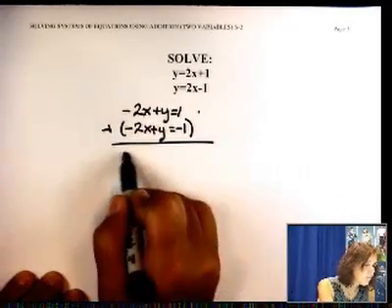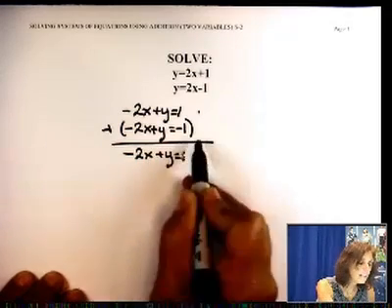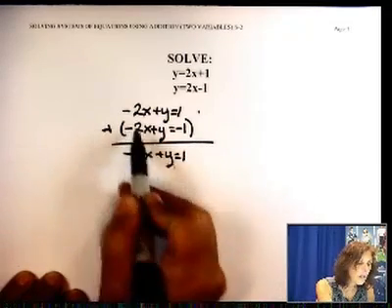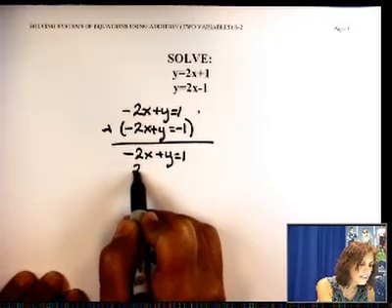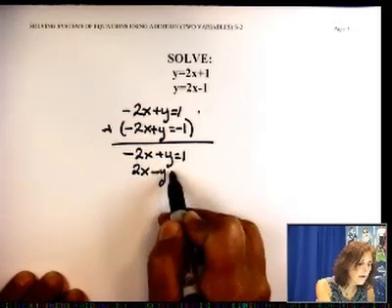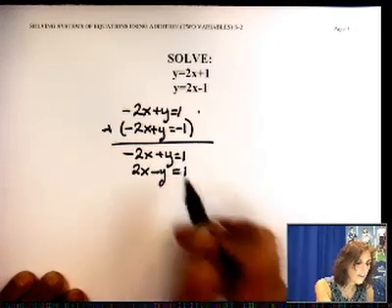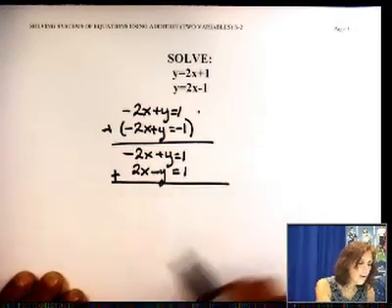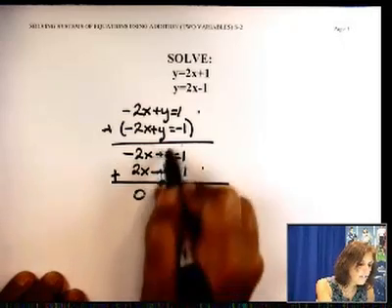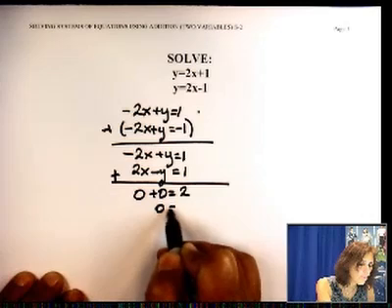So the first equation was negative 2x plus y equals 1. The second equation is negative 1 times negative 2, that's 2x. Negative 1 times y is negative y equals negative 1 times negative 1, that is 1. Now let's add. You're going to end up with 0 plus 0 equals 2, which is 0 equals 2.